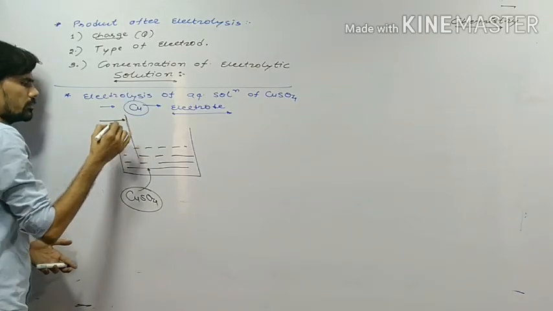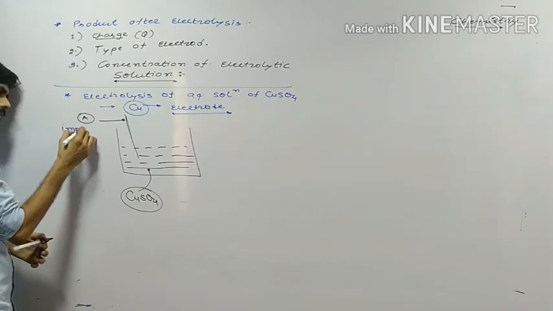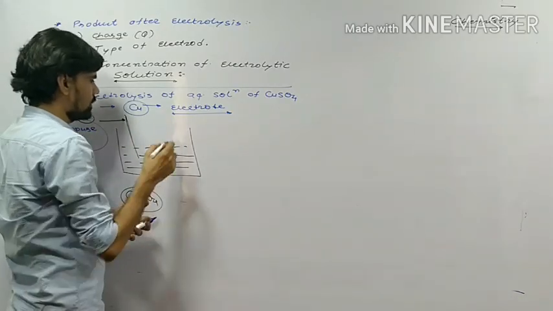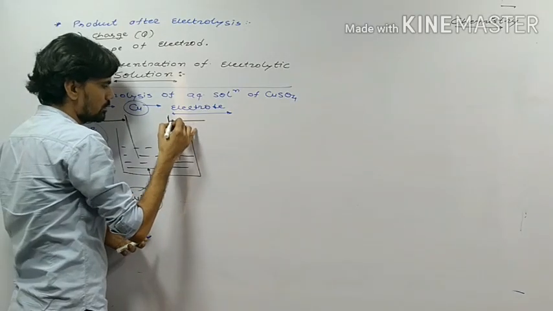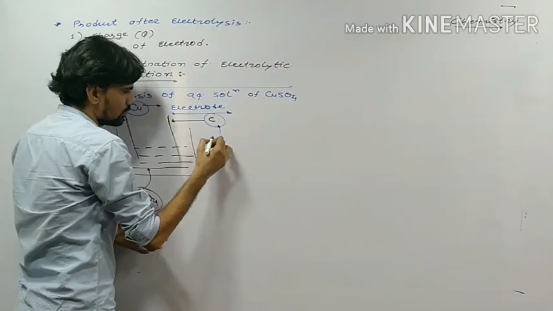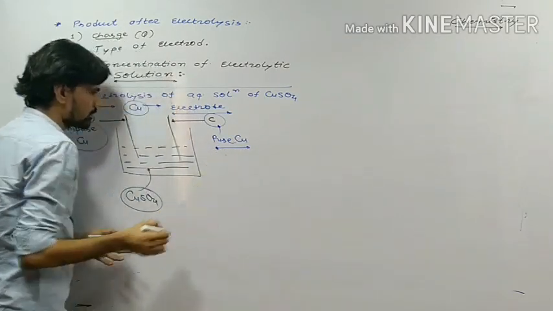As an anode, we are using impure copper. As a cathode, we are using pure copper.